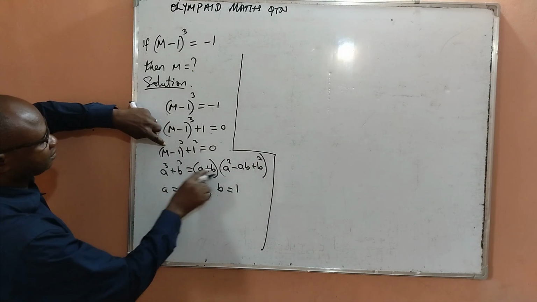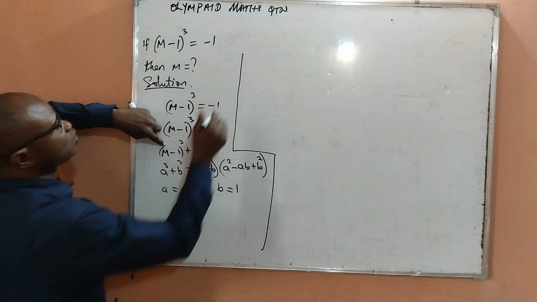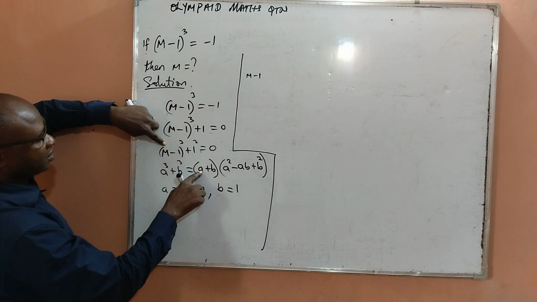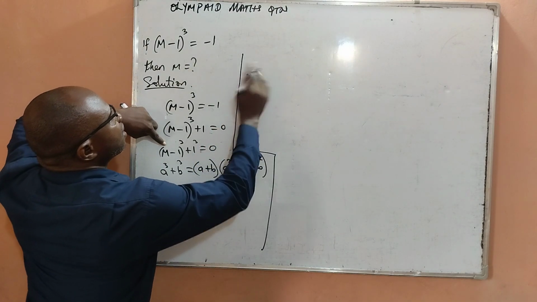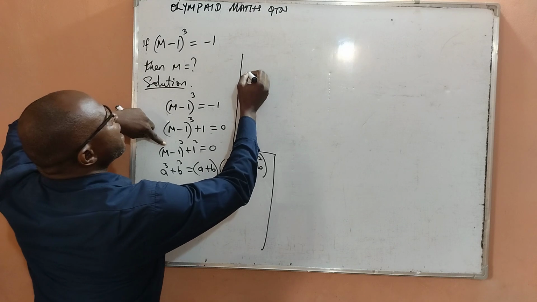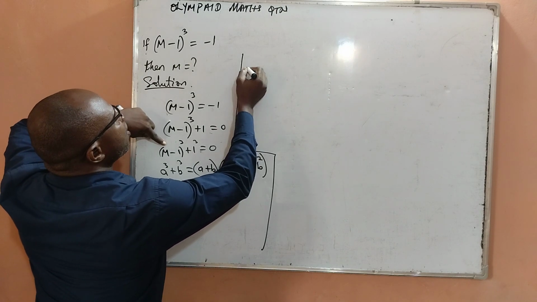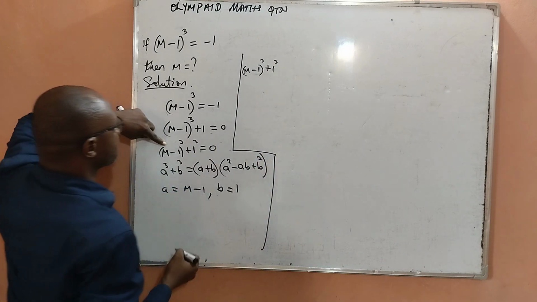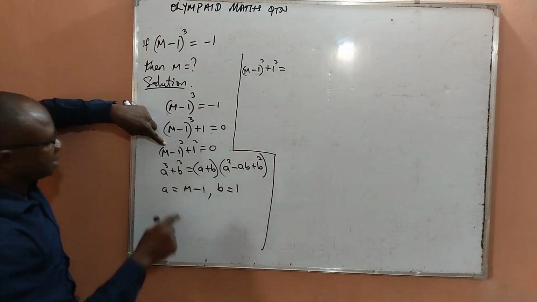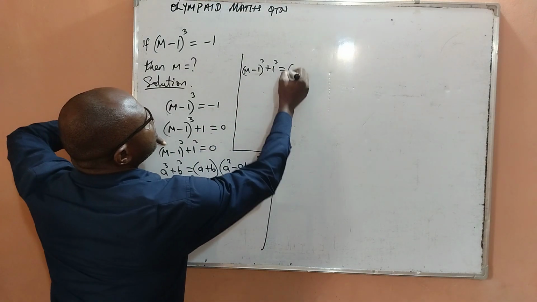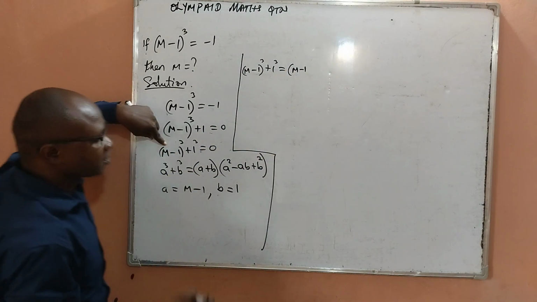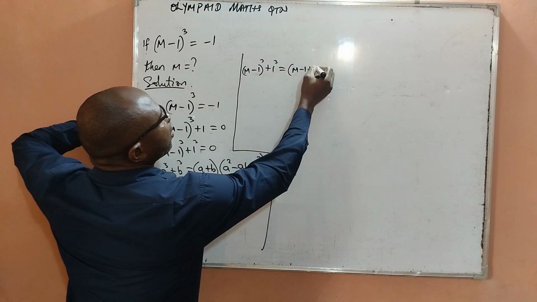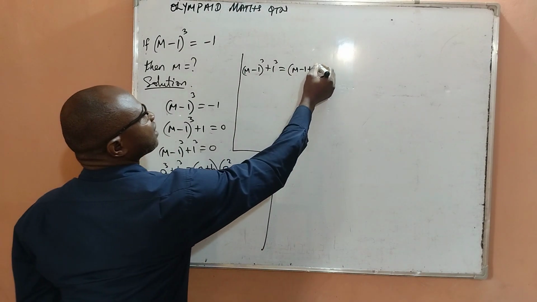Since a is n minus 1, n minus 1 cubed plus 1 cubed is equal to a, which is n minus 1, plus b, which is 1. That is for the first bracket.